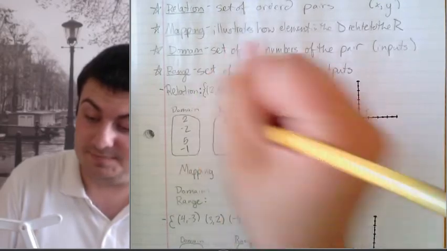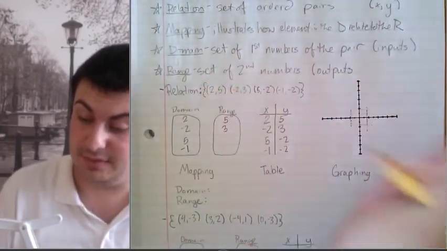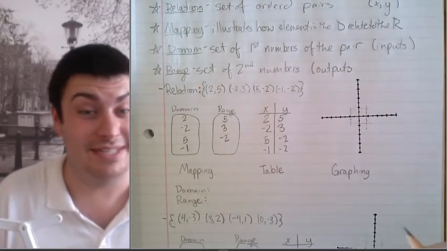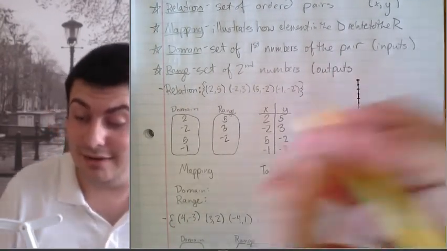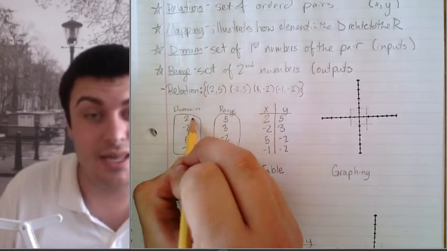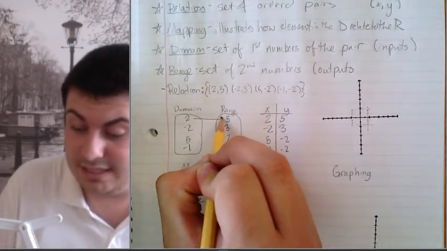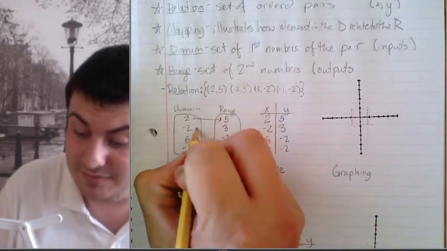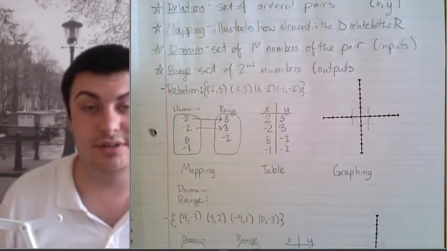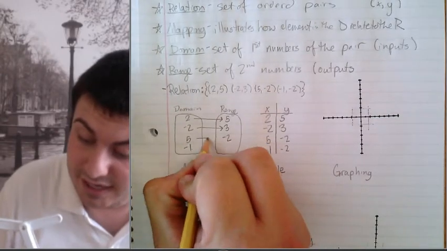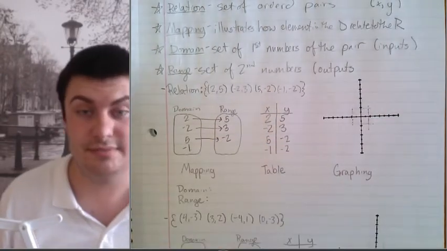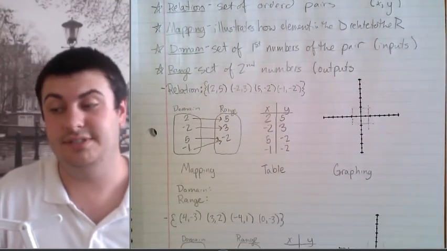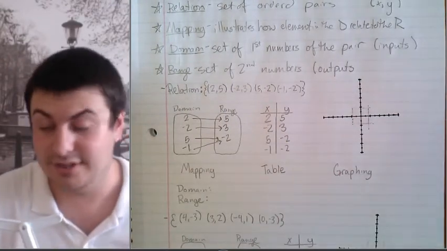So 5, 3, negative 2. My other value is already a negative 2, so I'm going to leave it there. So with my mapping now, I'm going to take from the domain and draw an arrow to the element with which it corresponds in the range. So 2 goes to 5, negative 2 goes to 3, 5 goes to negative 2, and negative 1 also goes to negative 2.